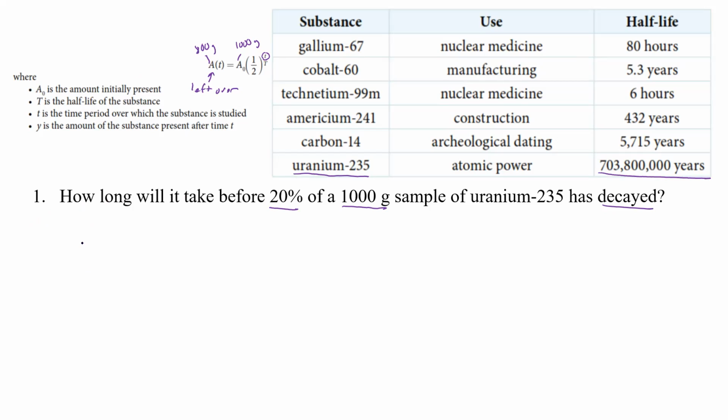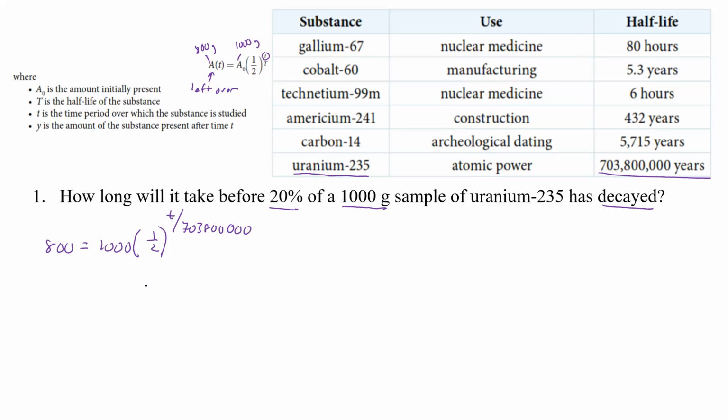So let's write that equation now as we have all the numbers plugged in. So we have 800 equals 1,000 times 1/2 to the power of t over T. Now we don't know the little t. That's what we're looking for. And we know that T is 703,800,000. Now we want to solve for t.